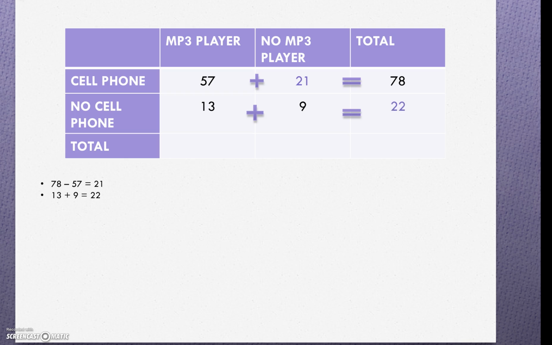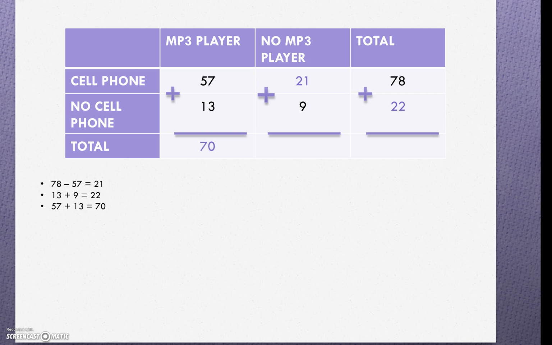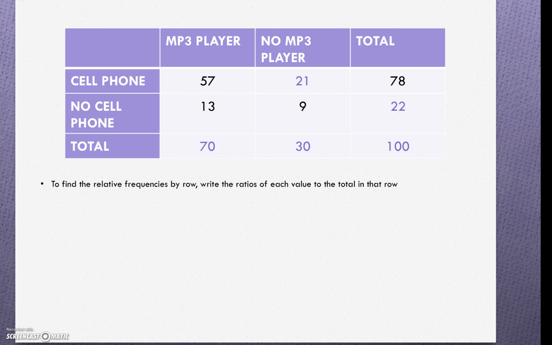Now we add all of these up to get the rest of our totals. So that'd be 57 plus 13 would be 70, and 21 plus 9 would be 30, and 78 plus 22 would be 100. So now we're all filled in, and we can make relative frequencies.